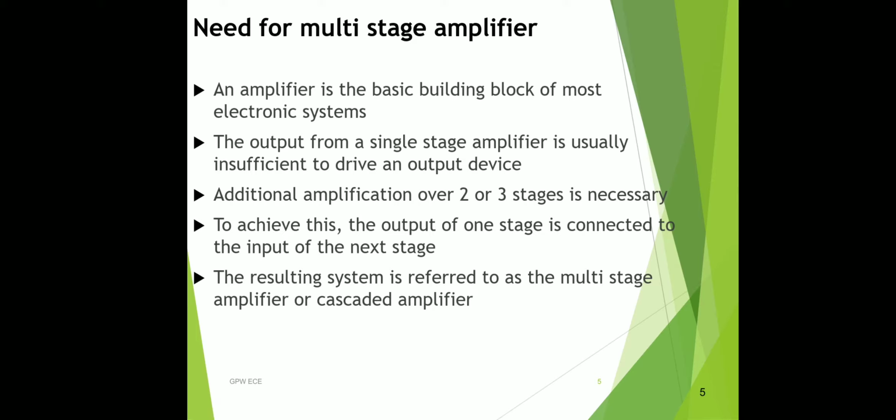We can call the multi-stage amplifier circuit a cascaded amplifier. Cascaded means connecting one stage output to the input of the next stage. That is cascading. The main advantage is that it provides high gain from the larger number of amplifiers.